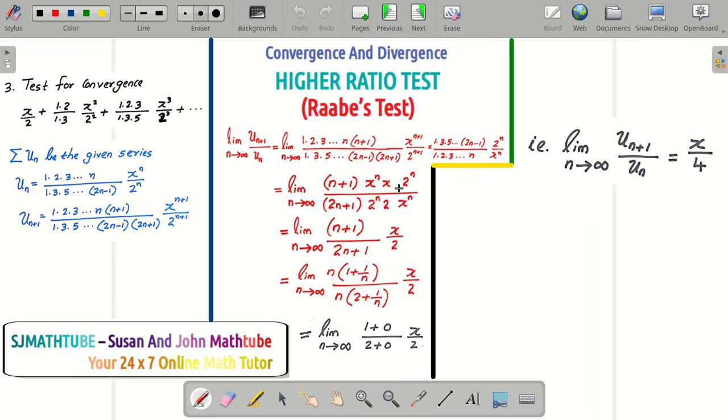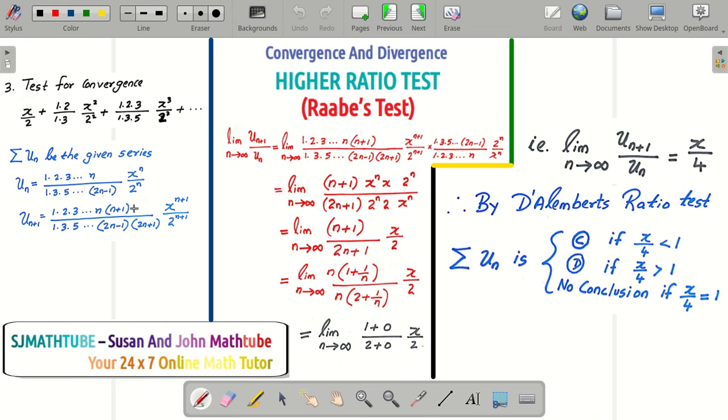So by D'Alembert's ratio test, this is exactly what we get. If it is less than 1, the series will converge, and if it is greater than 1, it will diverge, and we won't be able to make any conclusion, or we say the test fails, if x by 4 is equal to 1.